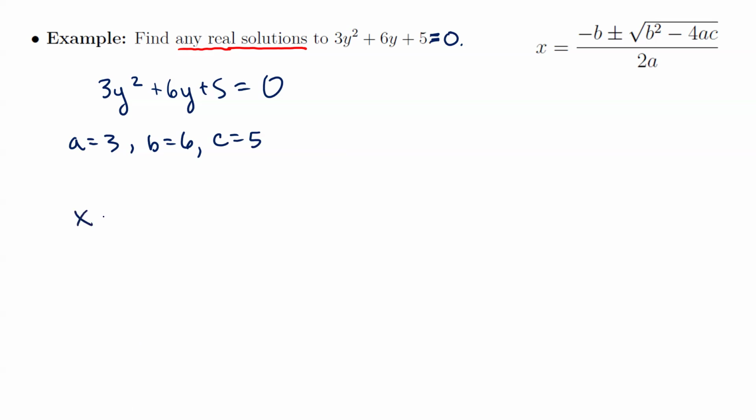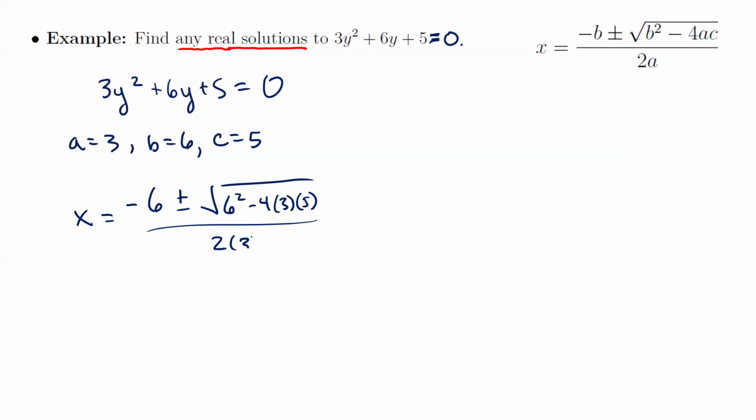So I go ahead and plug this in. Negative 6, again, negative 6, plus or minus the square root of 6 squared minus 4 times 3 times 5, all divided by 2 times 3.